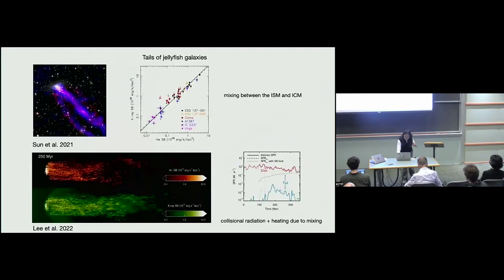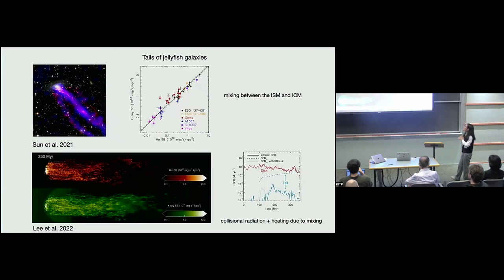Again, I want to refer to this very insightful simulation paper. They simulated a jellyfish galaxy, and they think that the mixing between the interstellar medium and the surrounding intra-cluster medium could be responsible for this correlation between H alpha and X-ray, and for a different slope from that of the disk.